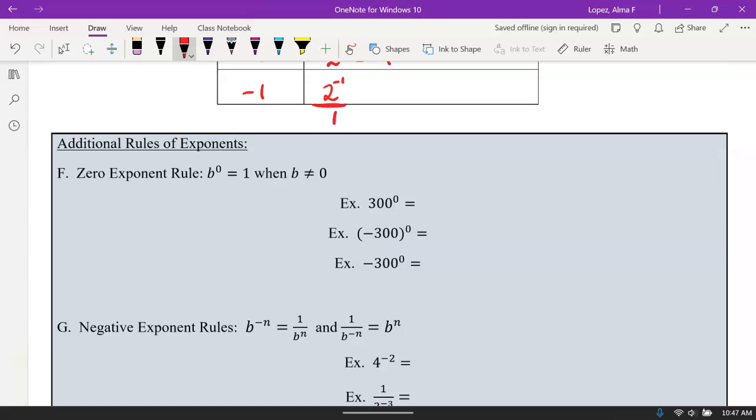So if I make that into a fraction, this fraction line is very, very powerful. I can move anything down past the fraction line or up past the fraction line, but it changes the sign of the exponent, like this. I can move him down, and that's going to make it a 2 to the +1 power down there. Now, because this is still a fraction, I need a placeholder, so I'll use a 1. And that makes the answer here 1/2.